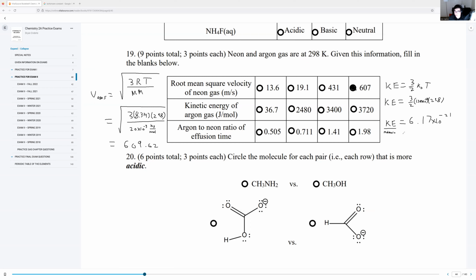So if I want to convert this into joules per mole, this is going to be the number that I just got times Avogadro's number.